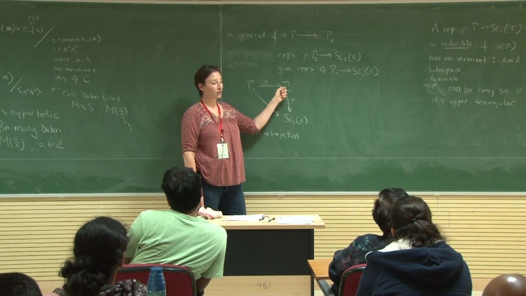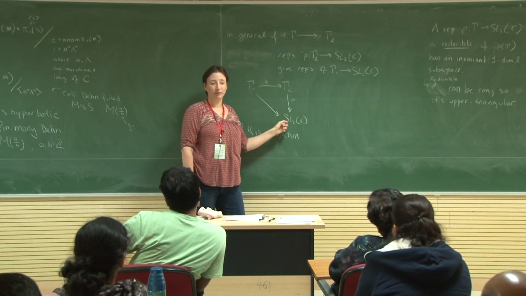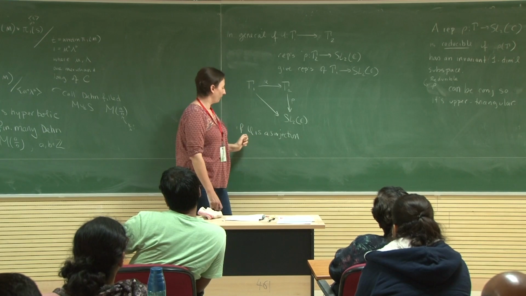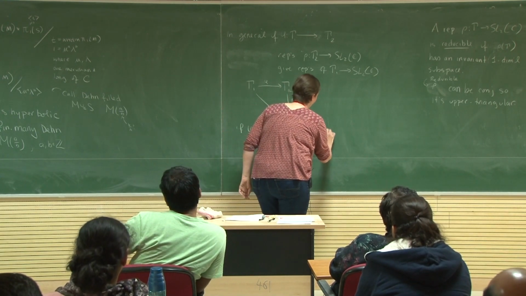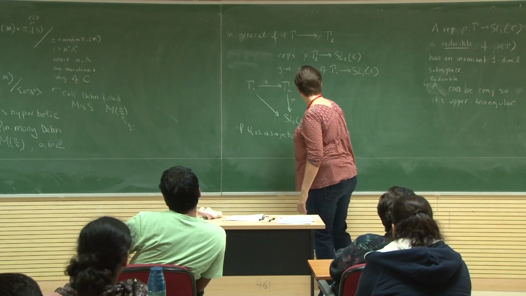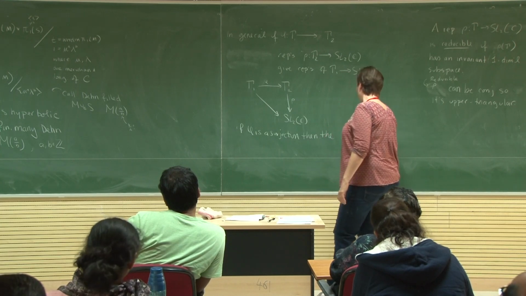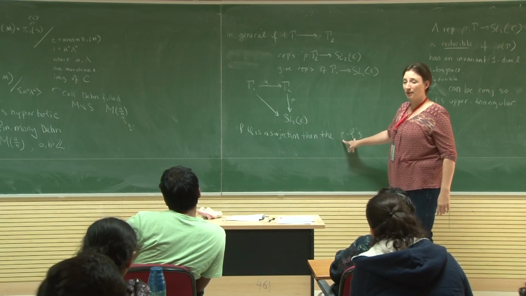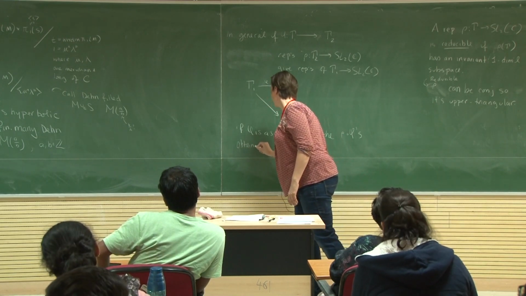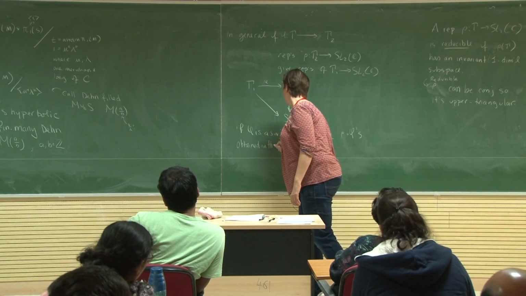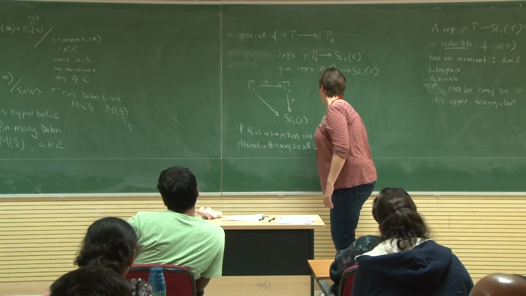But if it's a surjection, then this looks different for every different rho I have. So if phi is a surjection, then the compositions that you get are all unique.